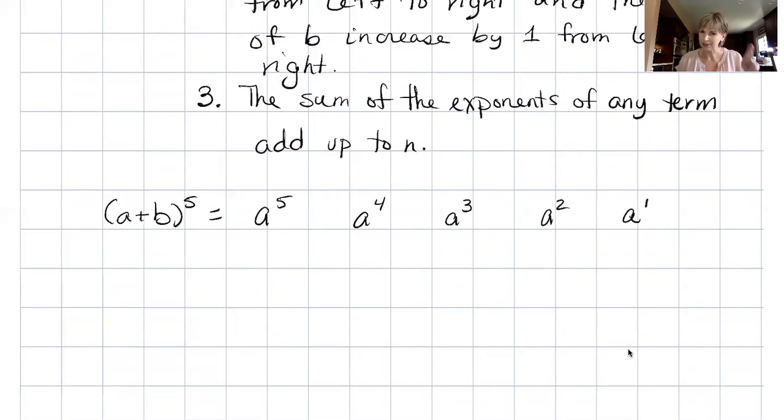The first one's b to the 0, which is 1, so we don't have to write it. And then we have a b to the 1st, a b squared, oh, that's a b to the 3rd, a b to the 4th, and then a b to the 5th. Okay, pretty easy so far, right?